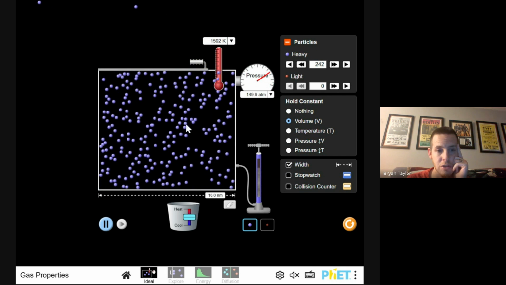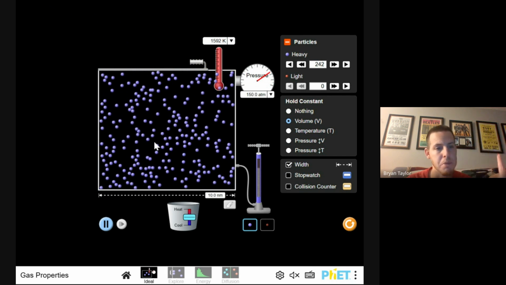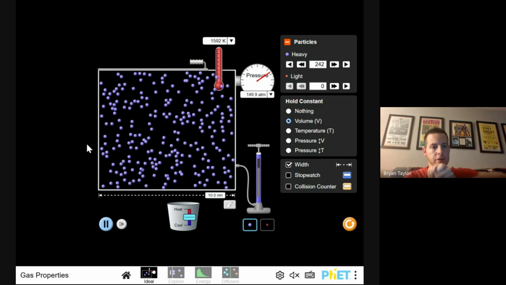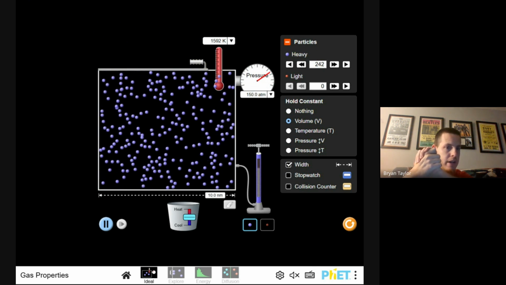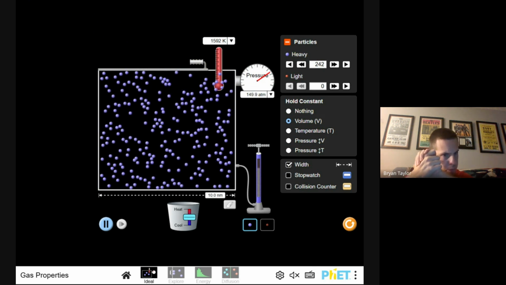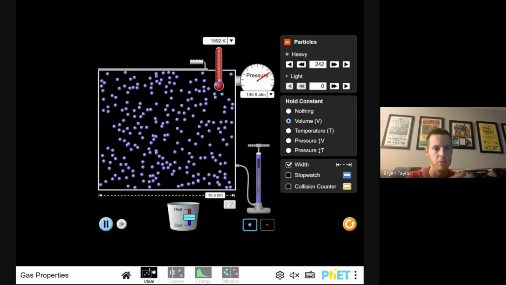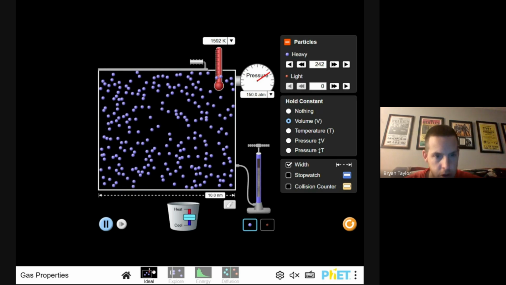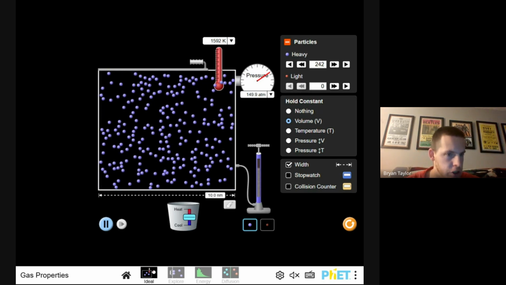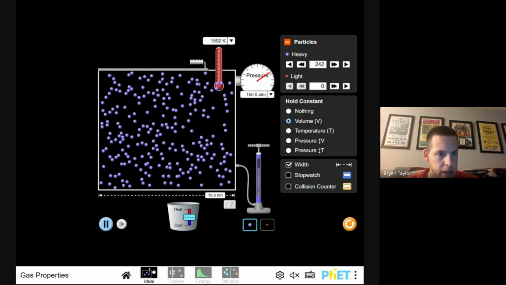And you can see how much faster they're moving, right? It's like a pressure cooker. Or if you squeeze your hands really tight, you're going to increase the temperature inside your hands right now. Like if you squeeze this really high, right, and you shook someone else's hand, your hand's going to feel really warm. Same thing. Or a pressure cooker or a rice cooker or an engine. That's all the connection with that.